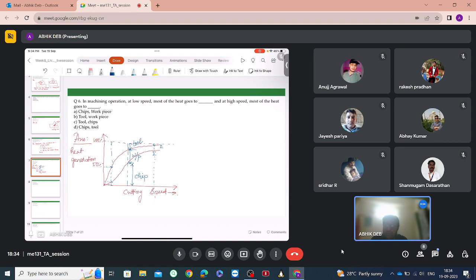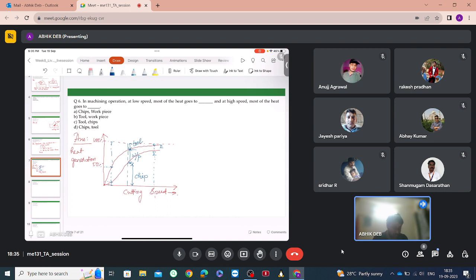So which one is carrying the maximum heat? At low cutting speed, this is the amount of heat going to the chip, this is the amount going to the workpiece, and this is the amount going to the tool. Workpiece, sir.